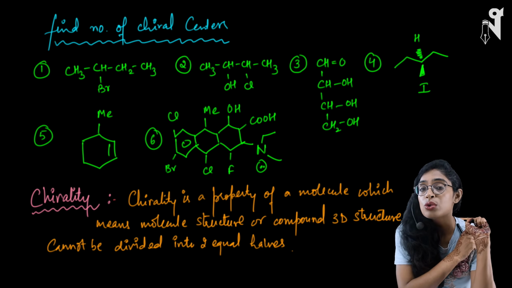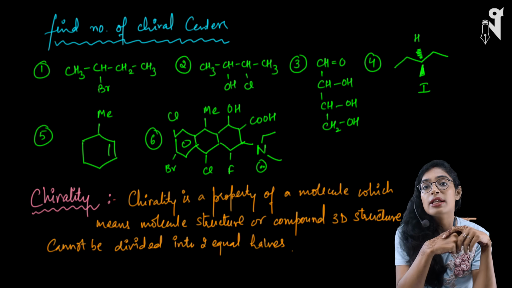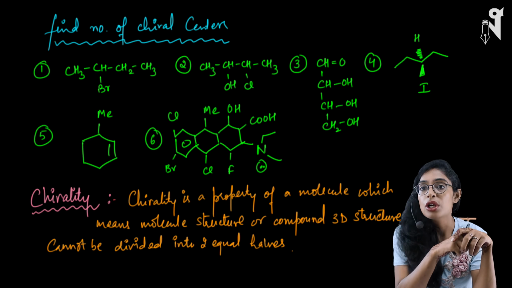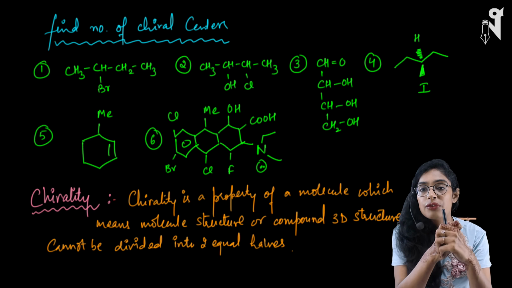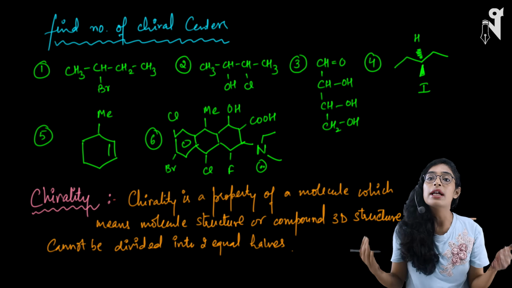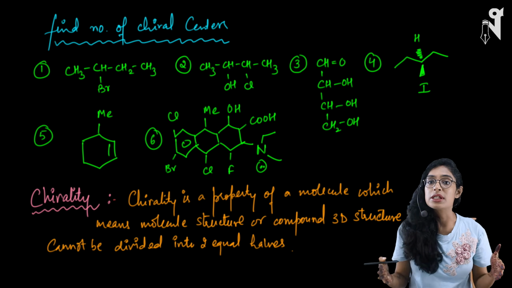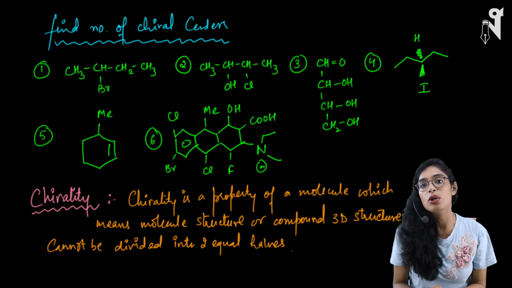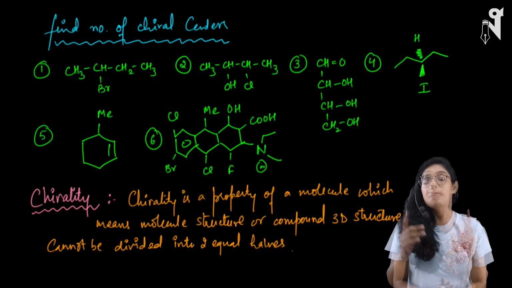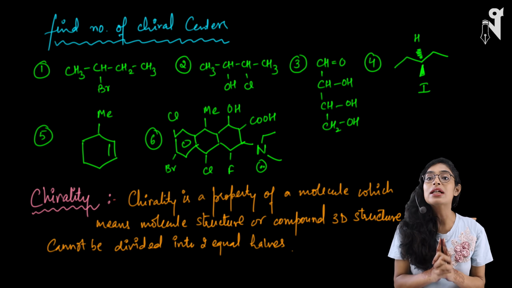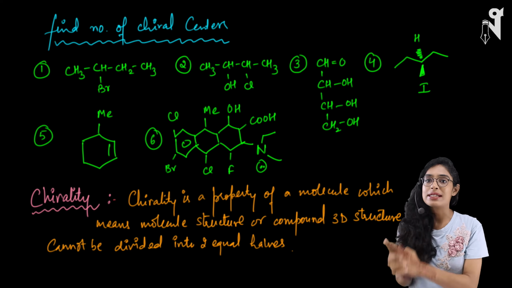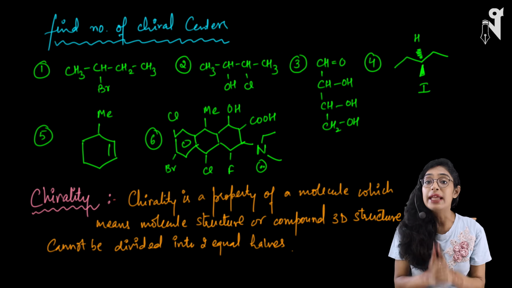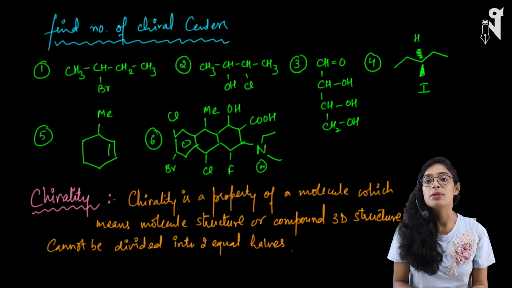I also told you in the last class that the presence of a chiral center is not a mandatory condition for a compound to be optically active. That means whether a chiral center is present or not present cannot define whether your compound is optically active or not. But if in a molecule there is one single chiral carbon, not chiral center, chiral carbon, then that compound must be optically active.